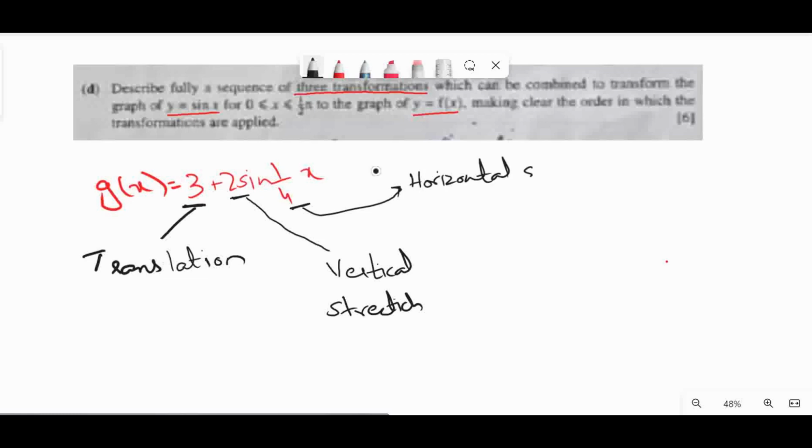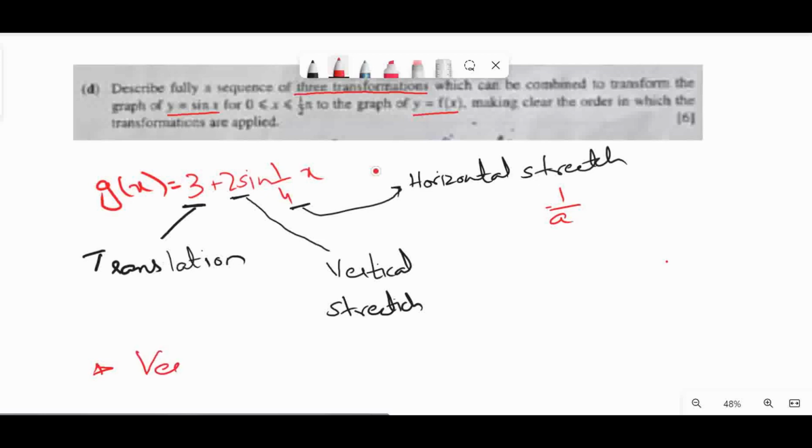Now from here we can write that, first of all, we have the horizontal stretch with stretch factor 4, because for a horizontal stretch the scale factor must be 1 by a. Let me write it point-wise, or we can also define the vertical stretch first to maintain the order.